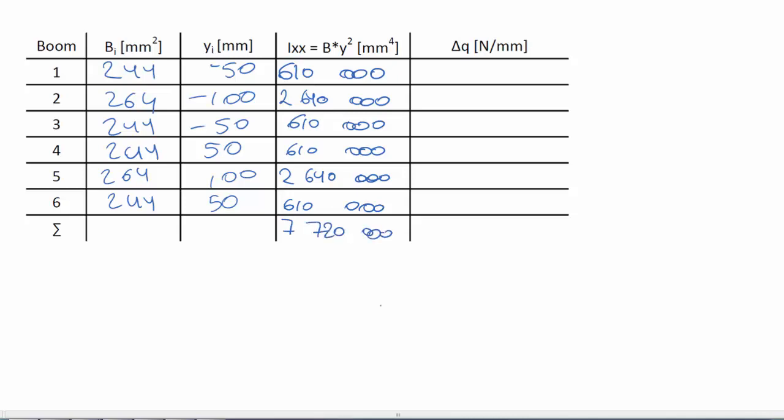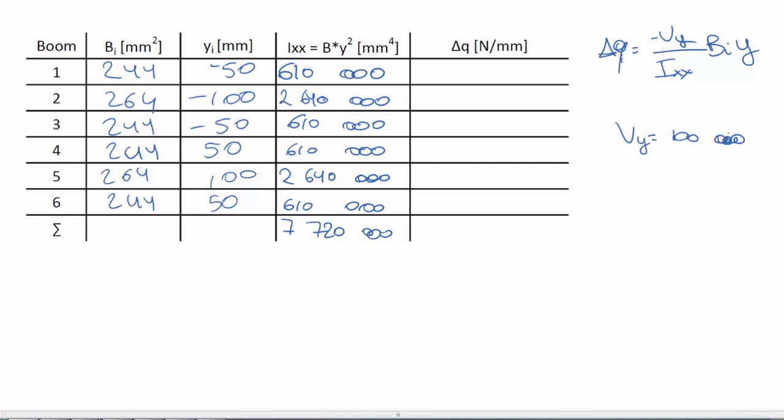Summing this all up, we can find that the total moment of inertia is 7,720,000. Now I want you to recall that the equation for delta Q was minus Vy divided by Ixx times B times y. Note that Vy was equal to 100,000.